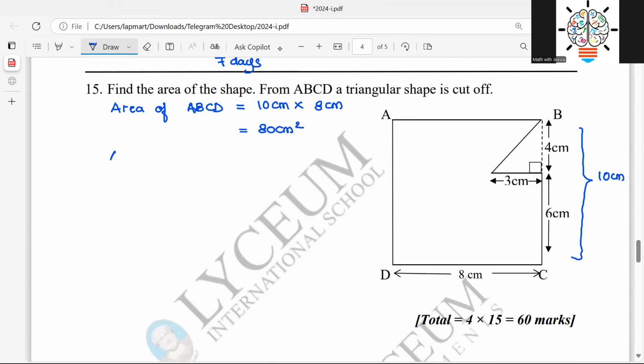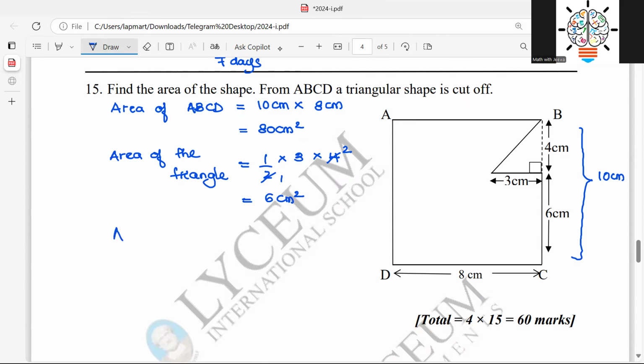So then from that, we want to get the area of the small triangle, right? Area of the triangle, how do you find? Half into base into perpendicular height. So then half times 2 times 6, that is 6 centimeters squared.